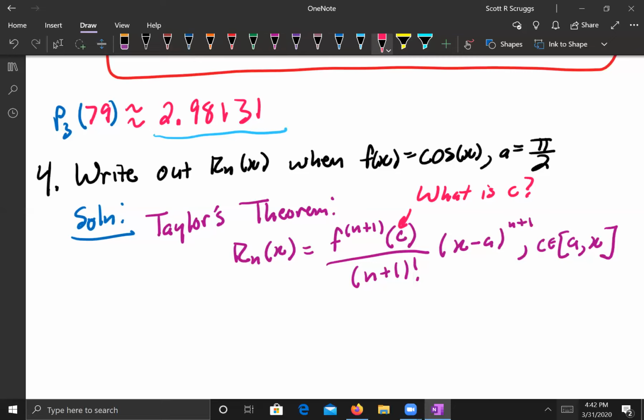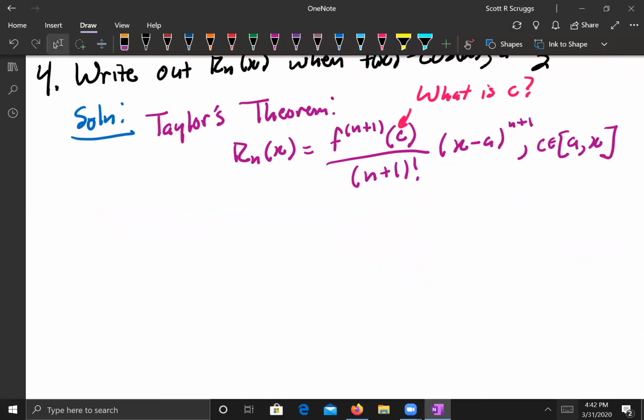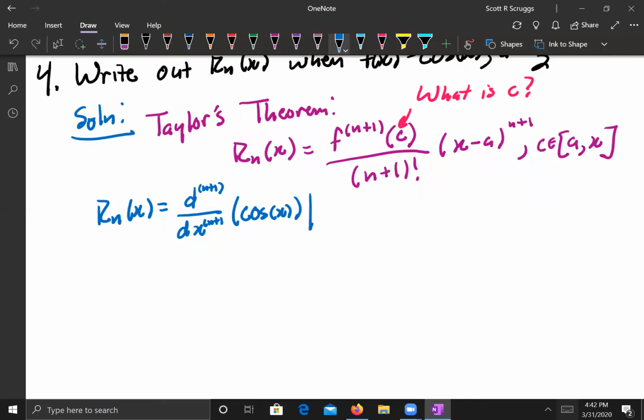So all I can tell you for an expression for the nth remainder is that it's going to be the (n plus 1)th derivative of cosine of x evaluated at c, divided by (n plus 1) factorial, times x minus the center, which is pi over 2, to the n plus 1 power.